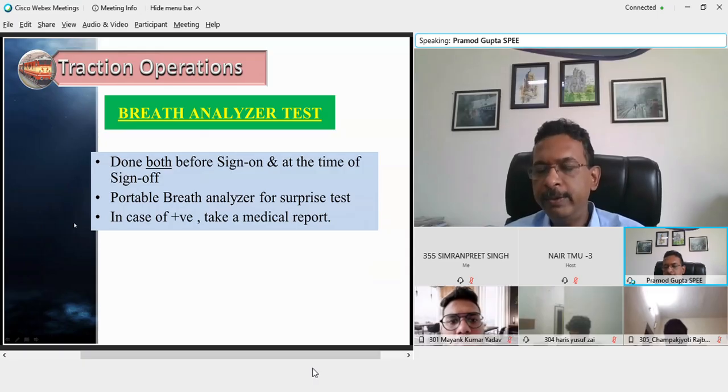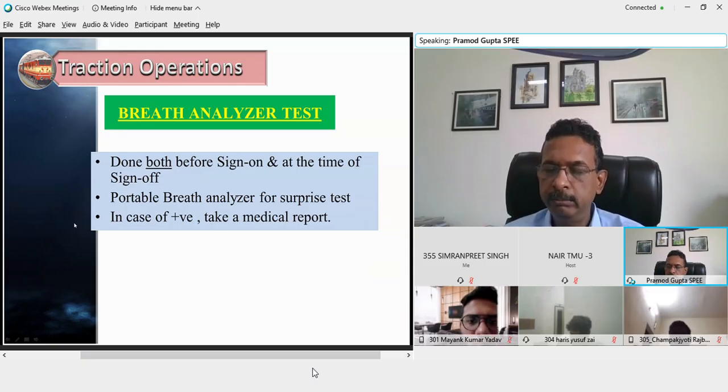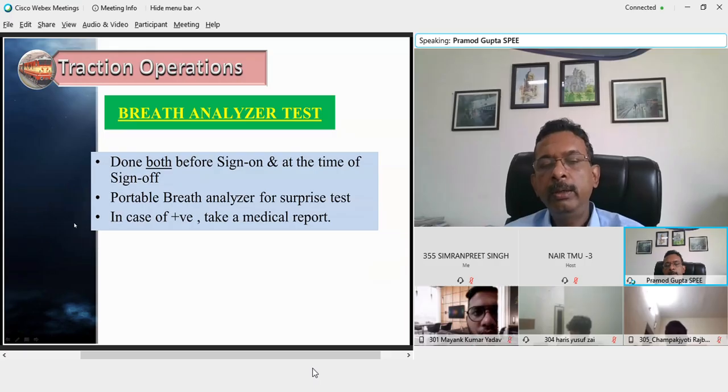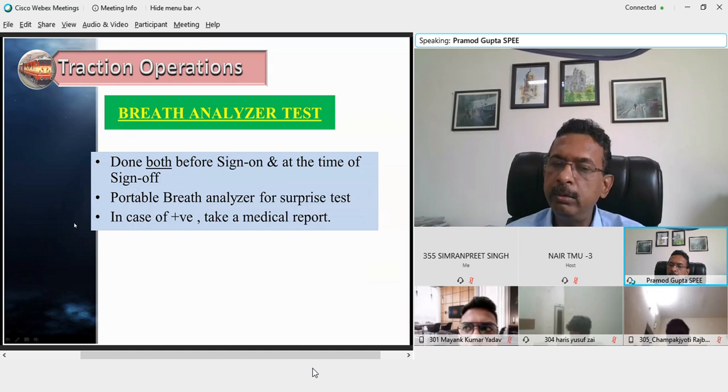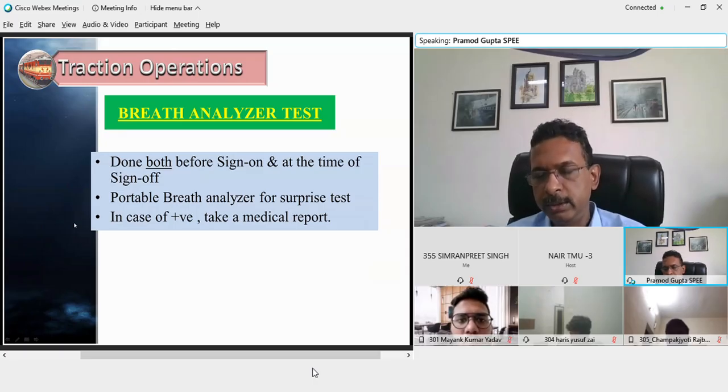The authorization is always given by the senior DOM that please carry out the breath analyzer test on run on Mr. So and so and Miss so and so, and they ask him to undergo the breath analyzer test. The crew are duty bound to get the test done, and the report is then submitted to the control office.